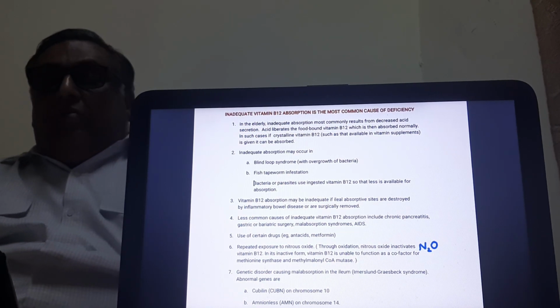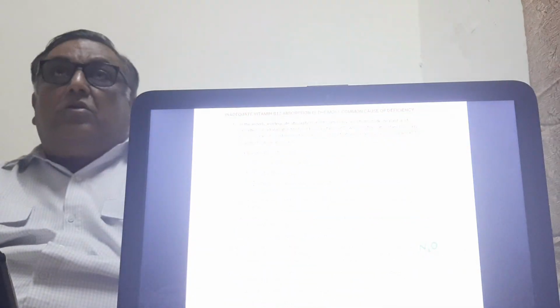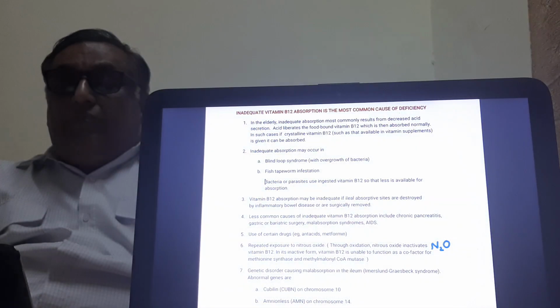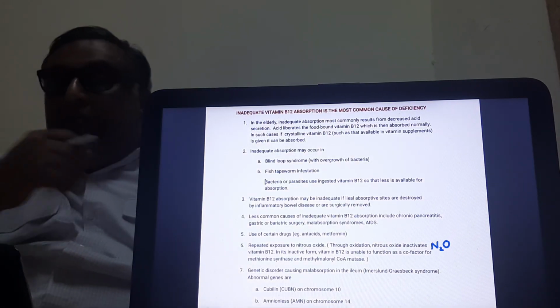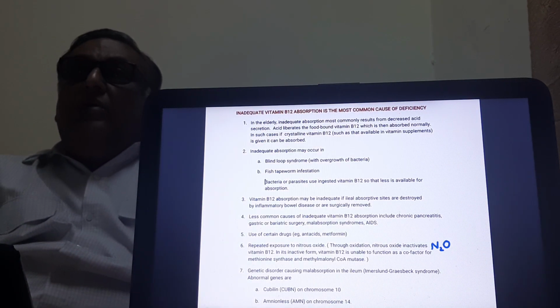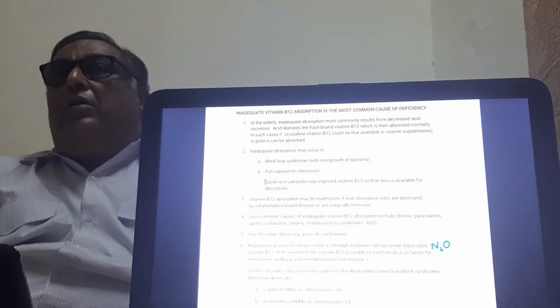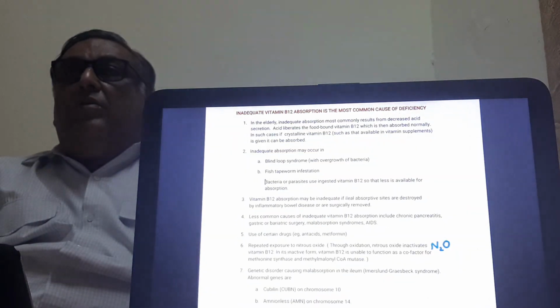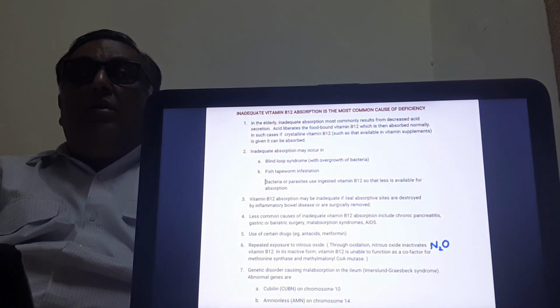Inadequate vitamin B12 absorption is the most common cause of deficiency of B12. Different scenarios are there. If we take the elderly, we require acid for breaking the vitamin B12 from the R binder in the stomach so that it can be bound to the other factor, that is the intrinsic factor.